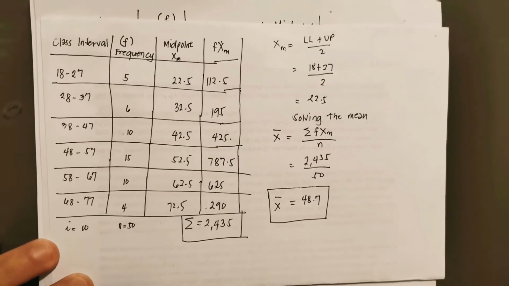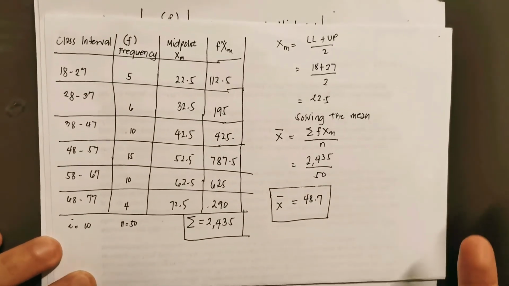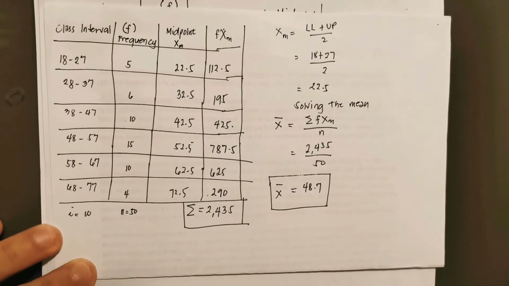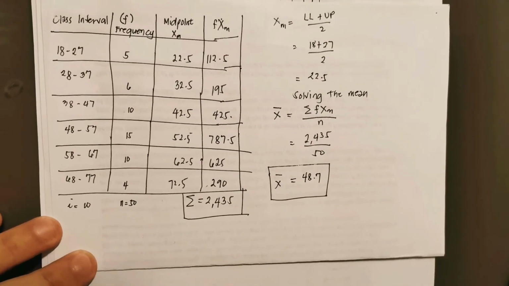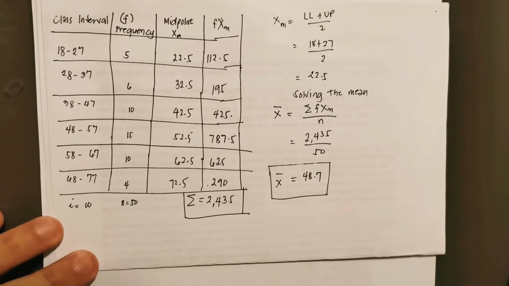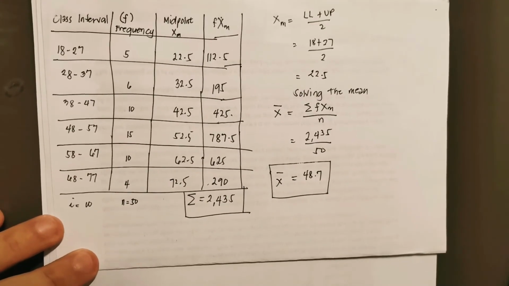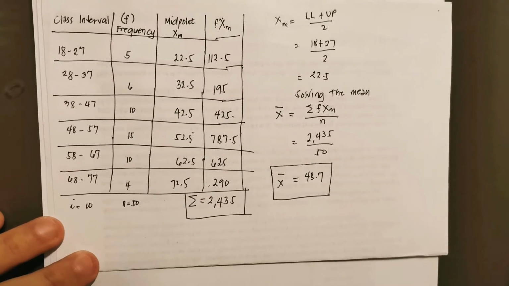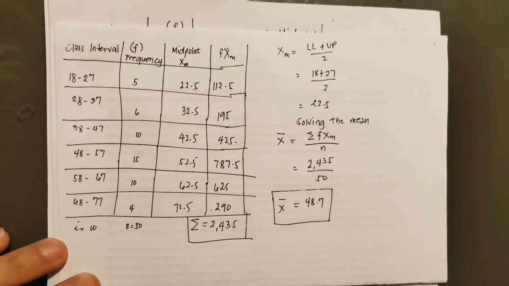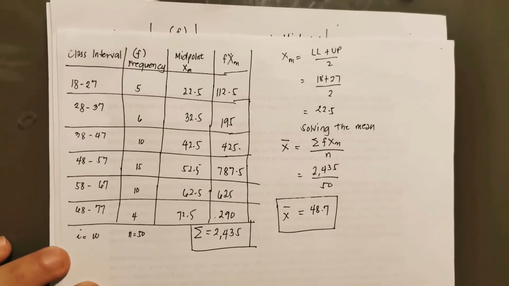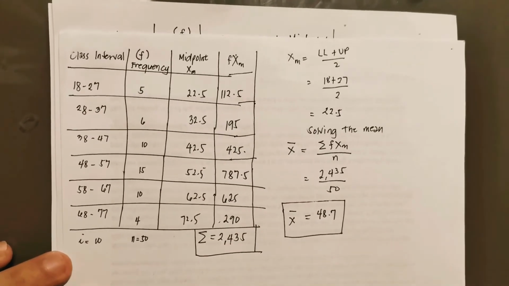You notice that the average age of the 50 randomly selected sample is 48.7 years old, approximately 49 years old since this is age. That's the average age of the randomly selected 50 sample. So that's how we compute, guys, the mean of group data, and this is our example.